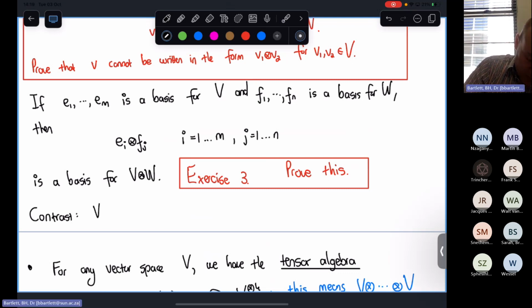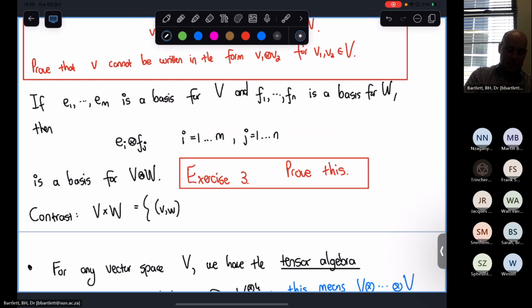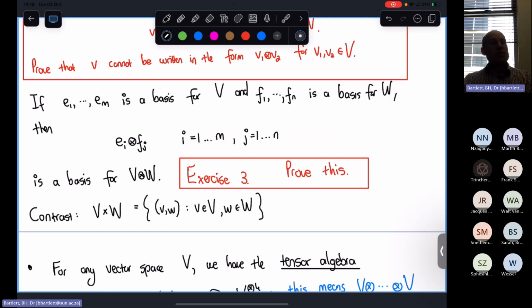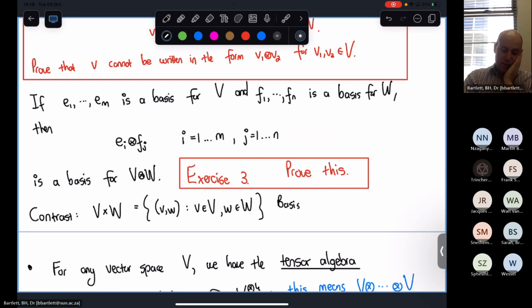Right, you can also form a Cartesian product of vector spaces, also known as the direct sum of vector spaces. What is that? How is that defined? It's the set of pairs, where the first element in the pair is in V, the second element is in W, and addition is done component-wise. And here, a basis will be these guys here.